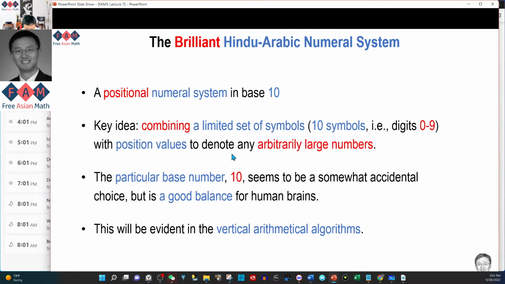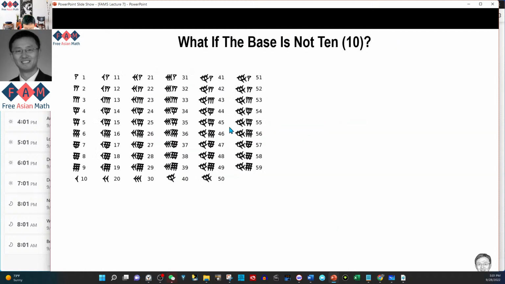Before we continue, you may want to think about what if the base is not base 10. Well, in history, the Hindu Arabic system was not the only positional system people in the world came up with, and it was not the earliest either.